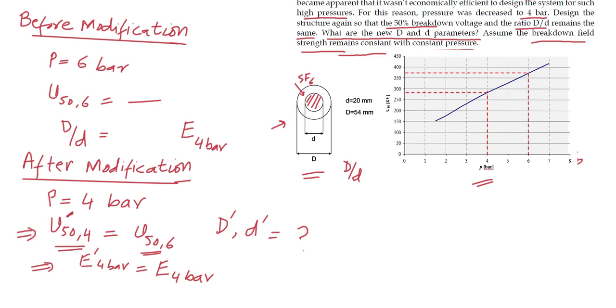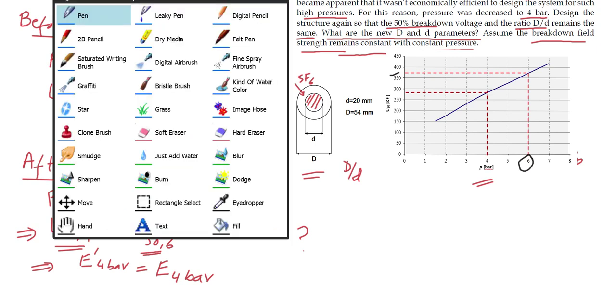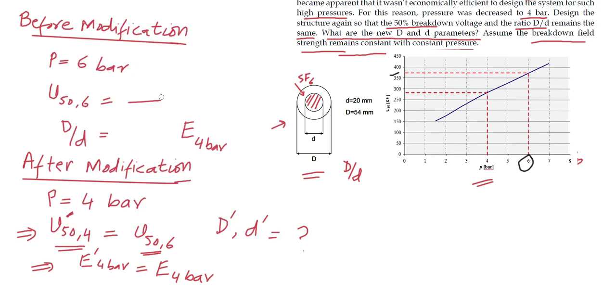U at 6 bar is approximately 370. So let's write this value: U 50% at 6 bar is equal to 370, and the units are kilovolt.